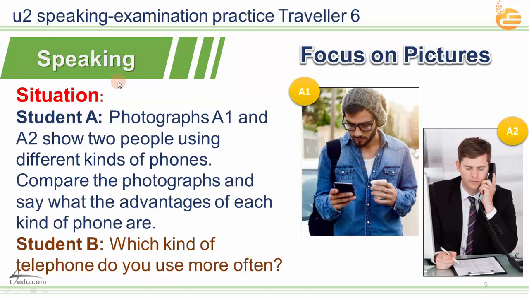For this kind of situation, before speaking, we need a situation so we can talk about it. So student A, photographs A1 and A2 show two people using different kinds of phones. Compare the photographs and say what the advantages of each kind of phone are.